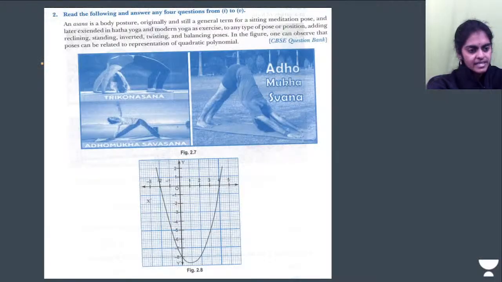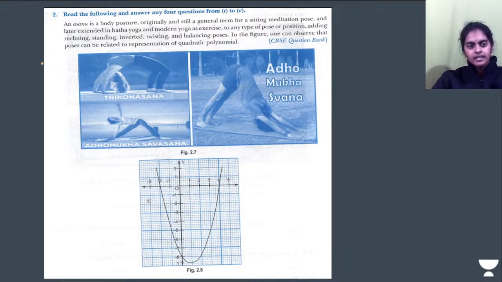Let's do one more case study. See, this is the second case study question which I'm displaying here for you. An asana is a body posture originally and still a general term for a sitting meditation pose, and later extended in hatha yoga and modern yoga as exercise to any given type of pose or position, adding reclining, standing, inverted, twisting and balancing poses.